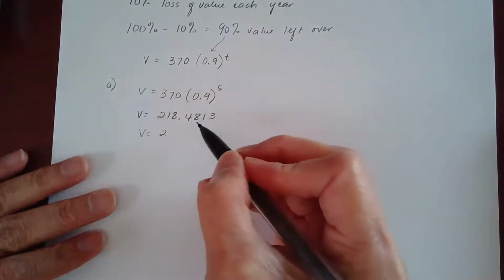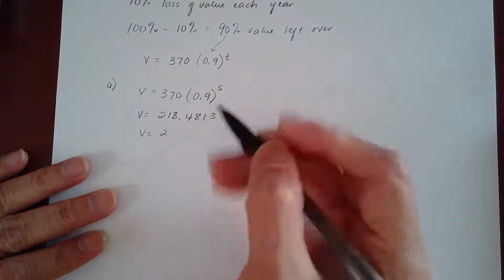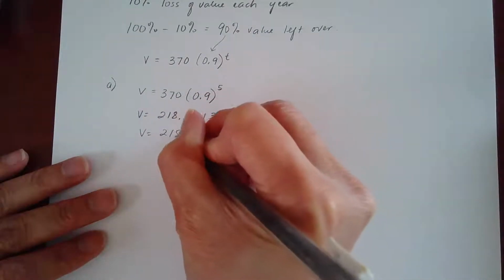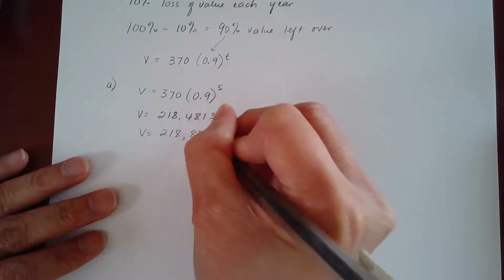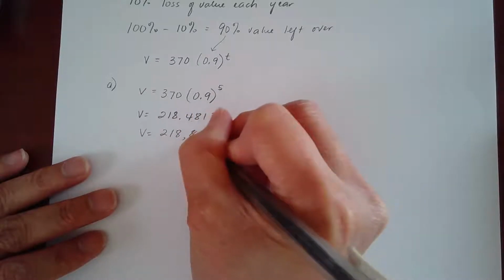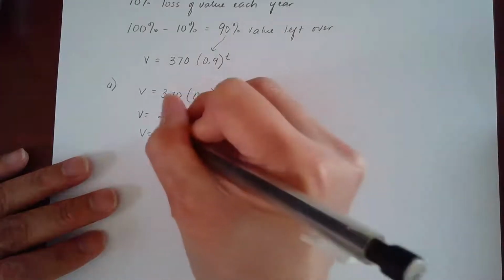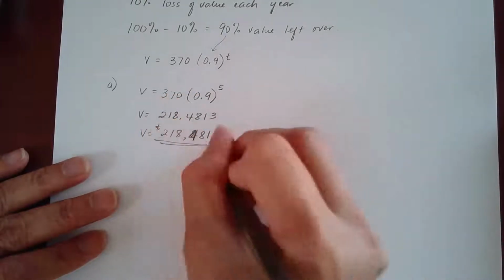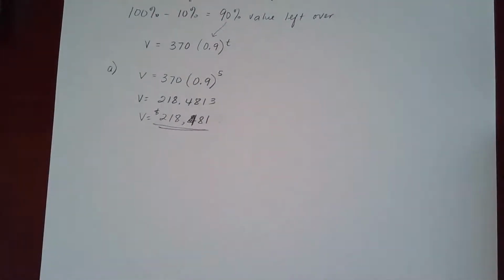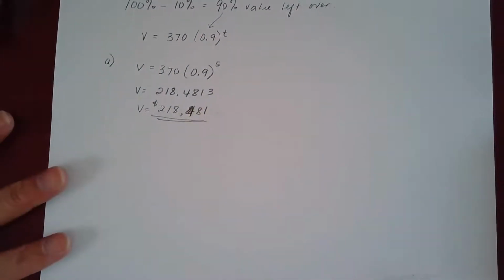Because it's timesing it by thousand, so that's that one.